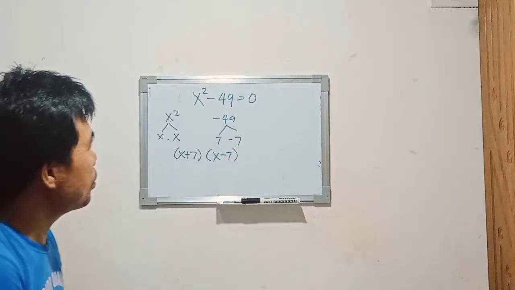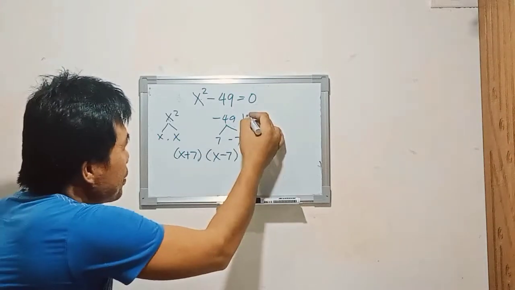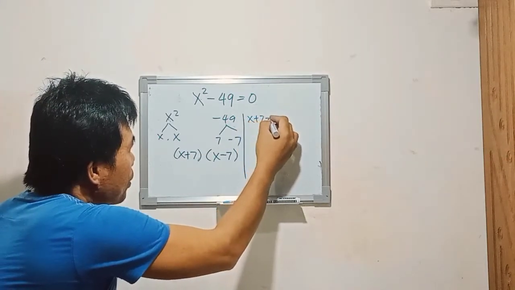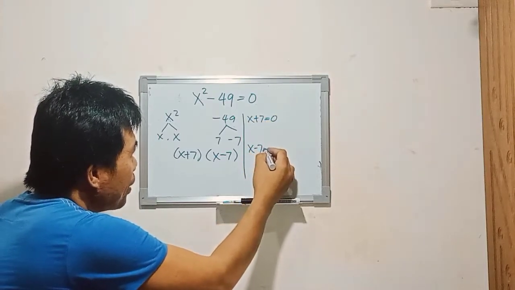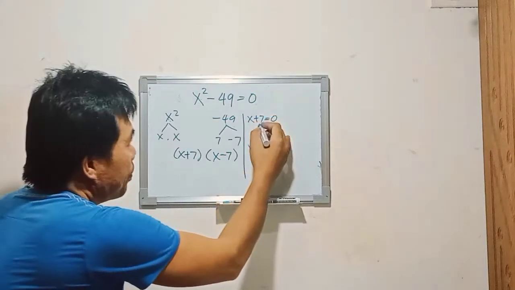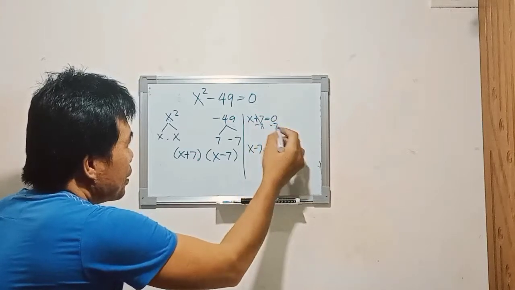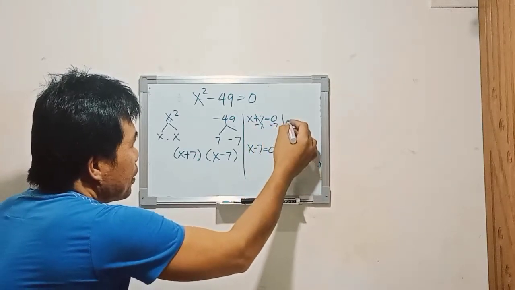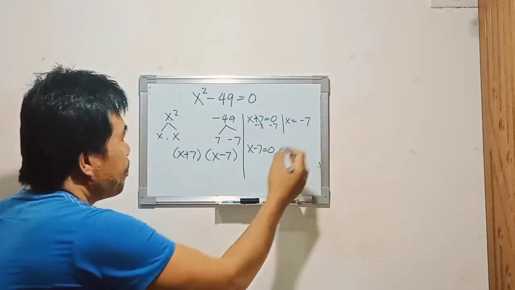Okay, next step is to do the zero property. x plus 7 equals 0. x minus 7 equals 0. Okay, we add negative 7 to both sides, so this is cancelled out. So x is equal to negative 7.